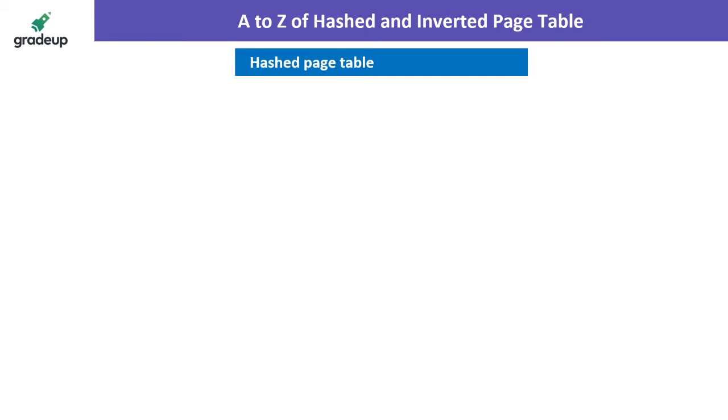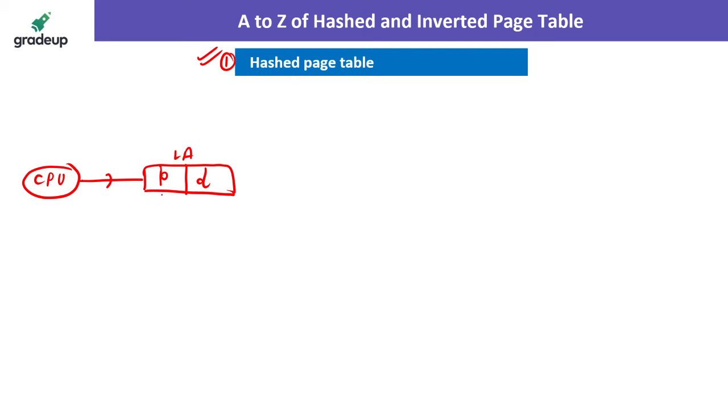Now, the hashed page table. Suppose we have a CPU, and definitely the CPU will generate one logical address, and this is divided into P and D as usual.